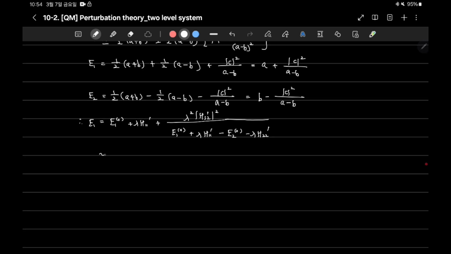So it can be approximated by E10 plus lambda H11 prime plus, assuming that H11 prime and H22 prime are close to each other so they cancel, lambda square H12 prime square over E10 minus E20.